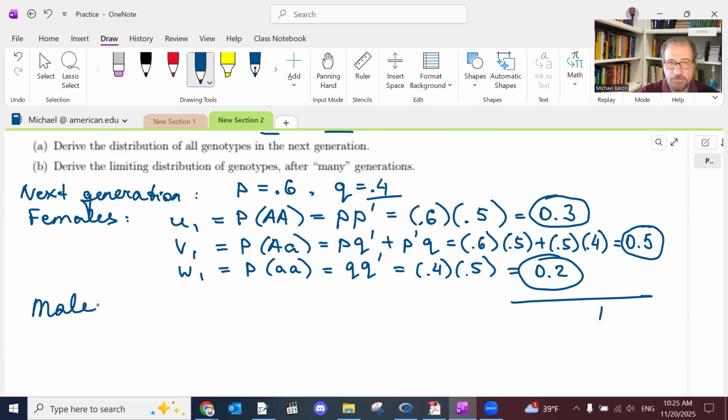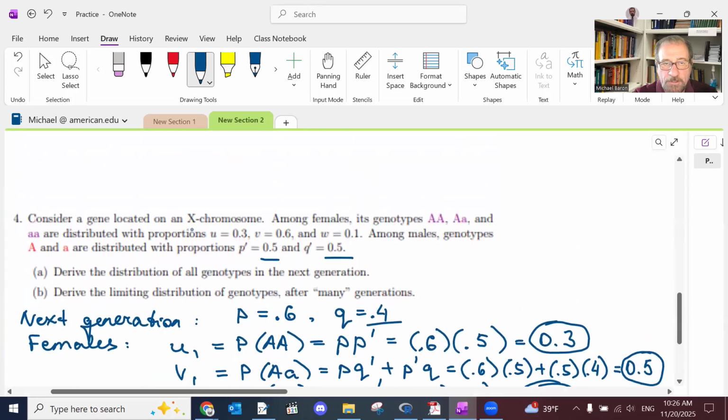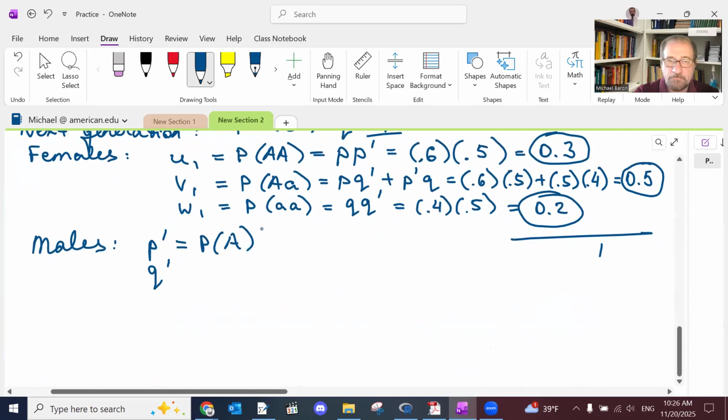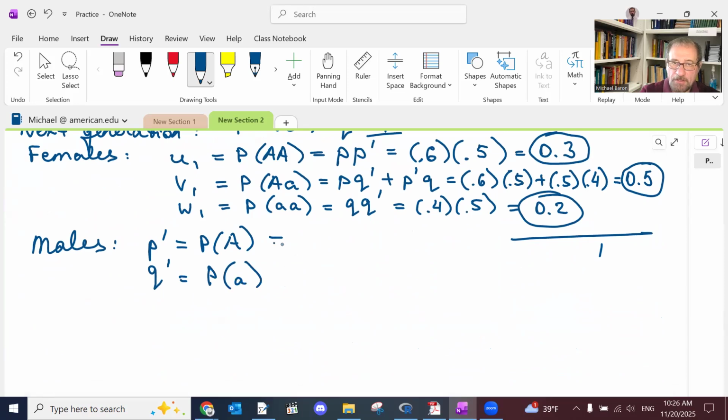How about male children? They only have P prime and Q prime because they don't have a pair for the X chromosome, and we're talking about a gene located on an X chromosome. So they only have one gene, either dominant or recessive, and they receive X chromosome from the mother. So this will be the probability P1 prime and Q1 prime, right? One generation further down the road.